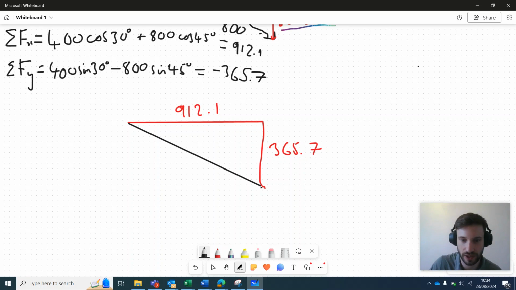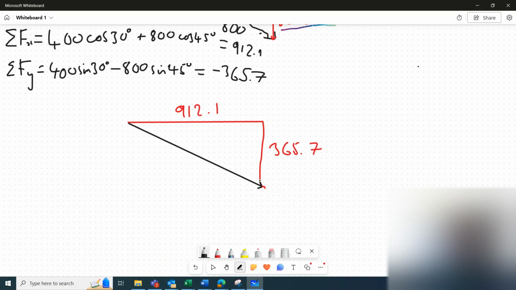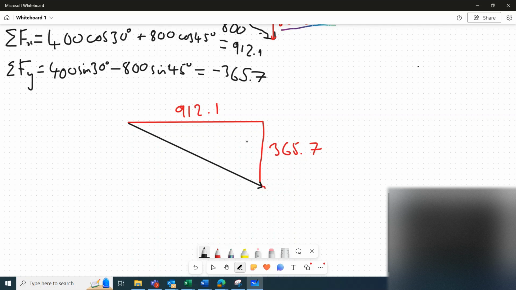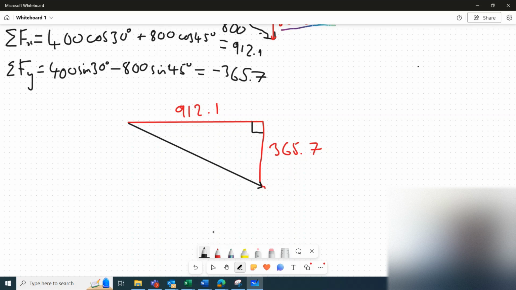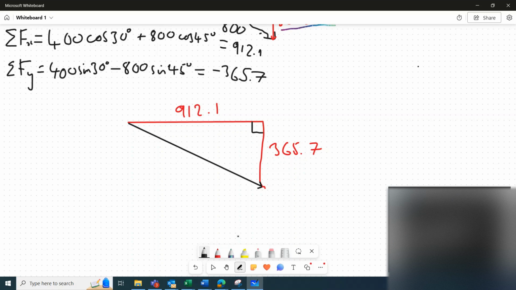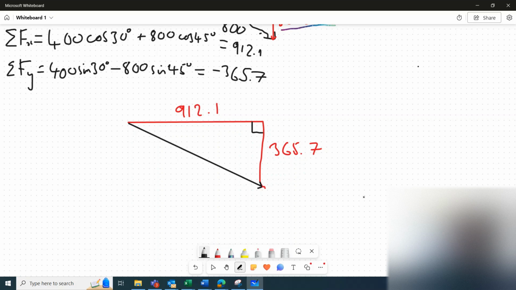Now, to determine the magnitude of this vector here, this might already look pretty self-explanatory to many of you. This is a simple Pythagoras theorem problem.